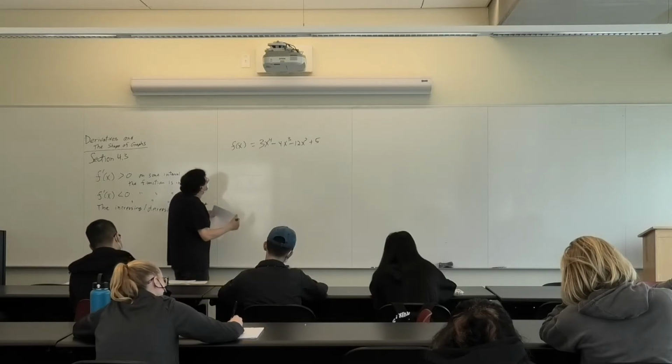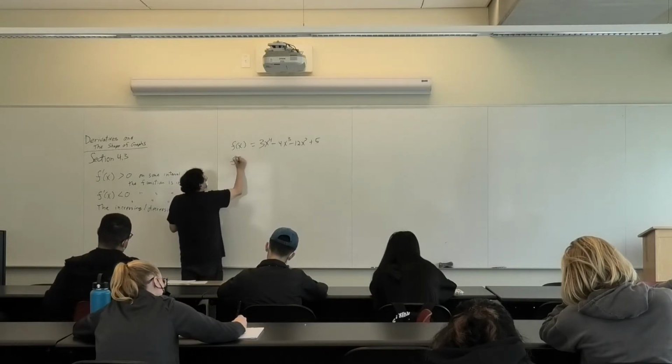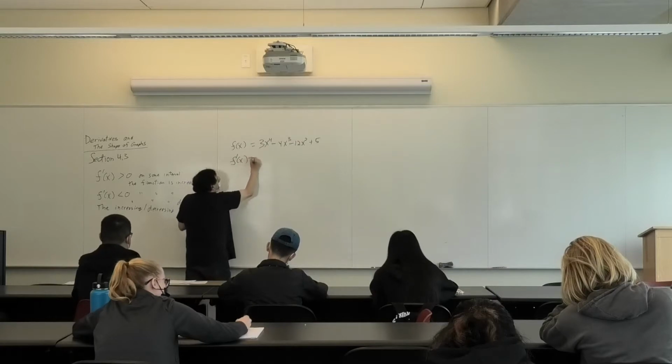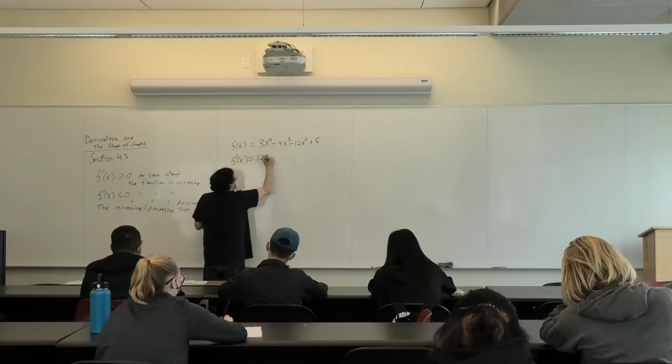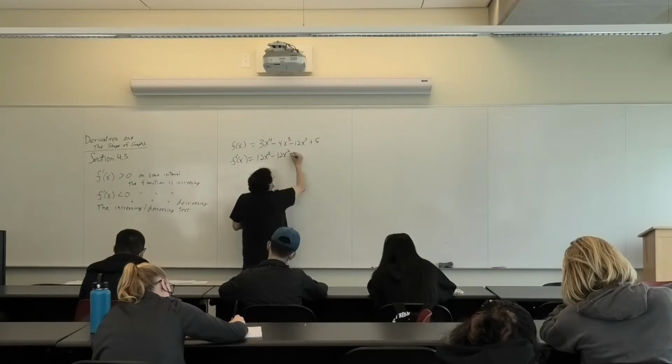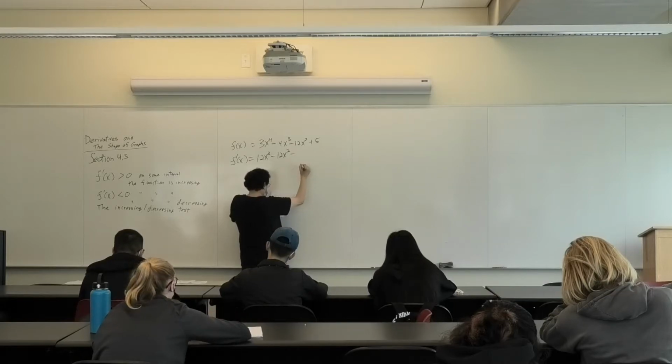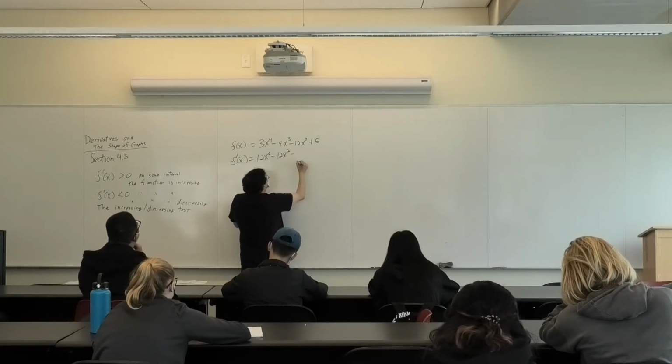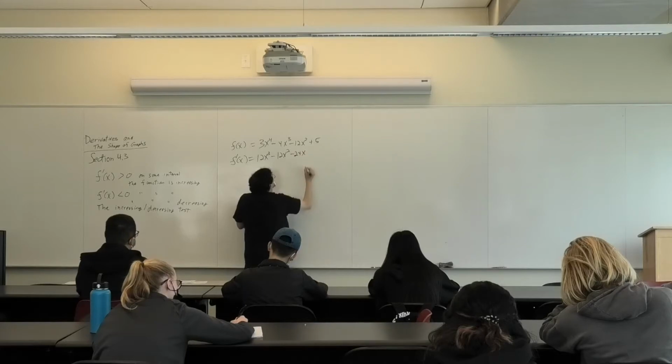So, okay, let's find the derivative. That's easy. The power rule: 12x cubed minus 12x squared minus 24x.